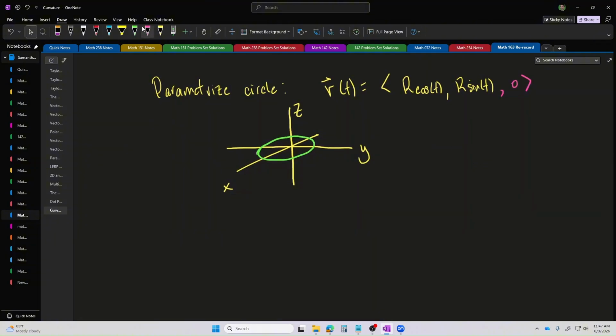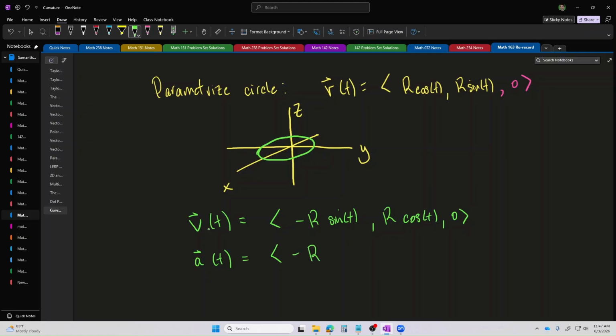Having now parameterized the circle within three-dimensional space, I can find the velocity vector just by doing the first derivative. So that's negative r sine of t, r cosine of t, and 0. And then I can find the acceleration by calculating another derivative of velocity. So that would be negative r cosine, negative r sine, and 0.